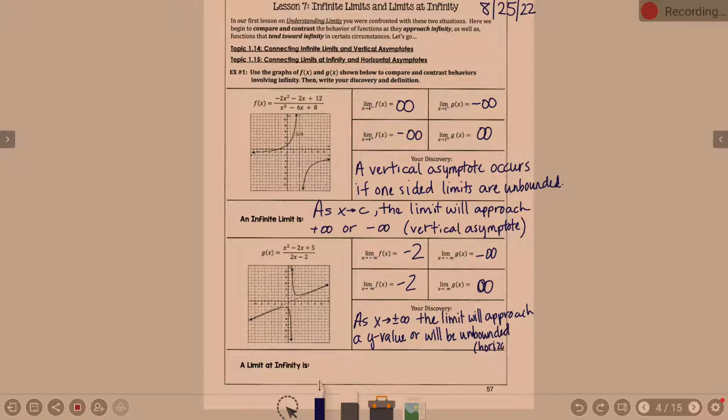And again, this is referencing horizontal asymptotes.